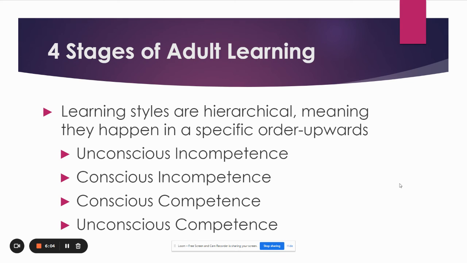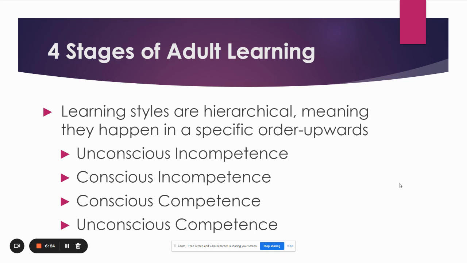There are also 4 stages of adult learning: unconscious incompetence, conscious incompetence, conscious competence, and unconscious competence. We're going to talk about what all 4 of these are.